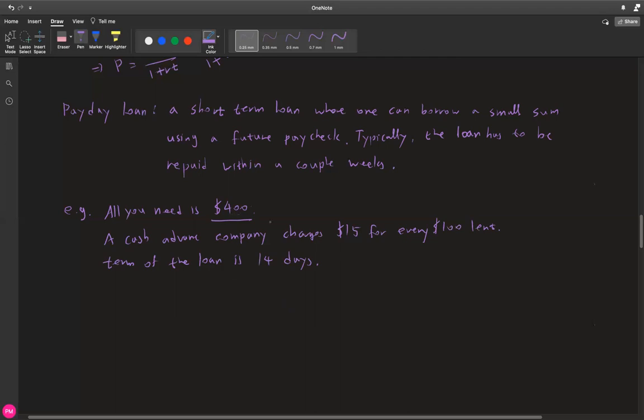Since the company charges $15 for every $100 that you borrow, if you borrow $400, the interest on the $400 loan is given as 4 times $15, and that's going to be $60.